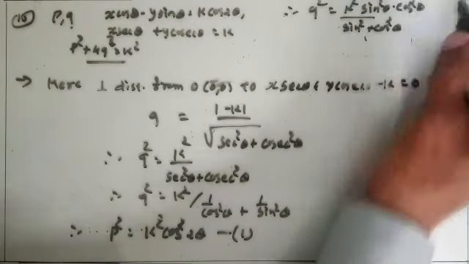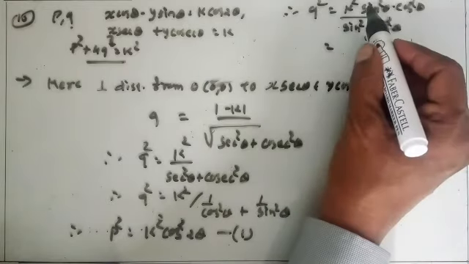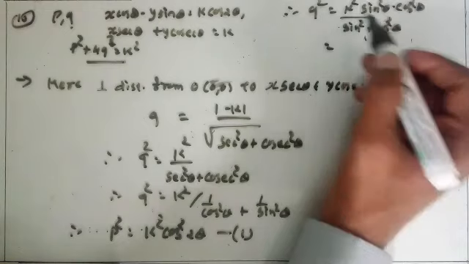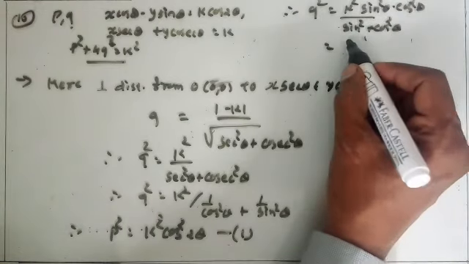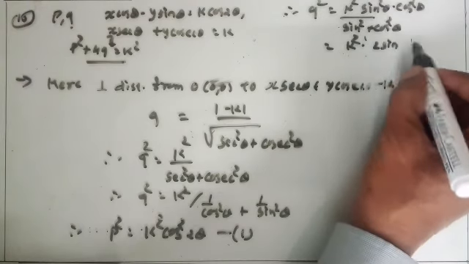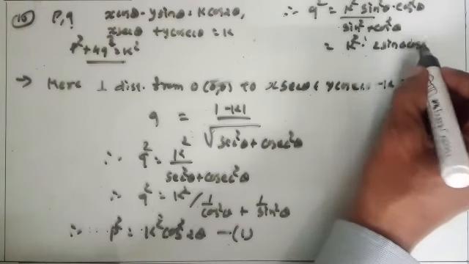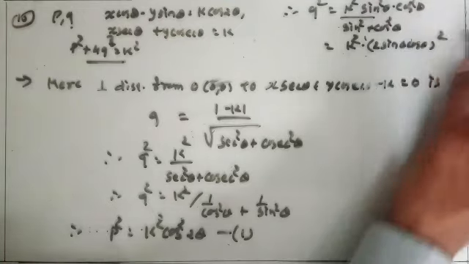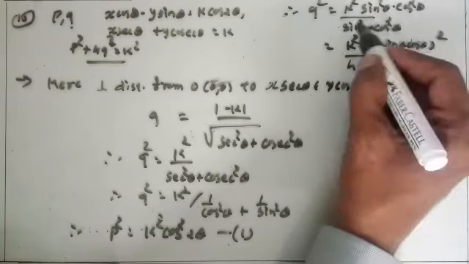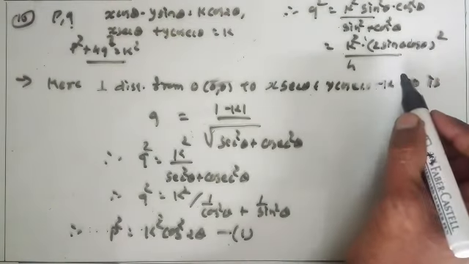Clear? So now multiply and divide by 4, we get k square into 4 upon 4, that is 2 sin theta cos theta whole squared, taken outside, upon, here we multiply by 2 square, that is 4, so divide by 4, and sin square plus cos square becomes 1.